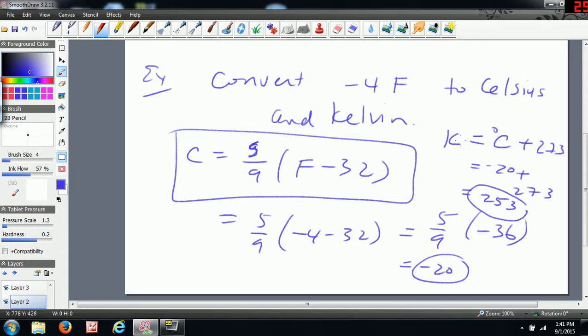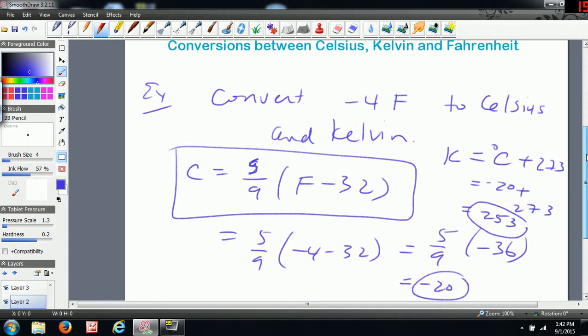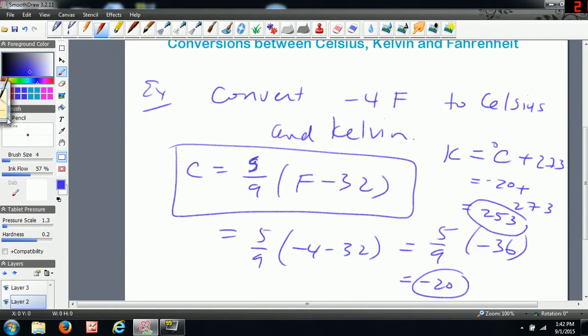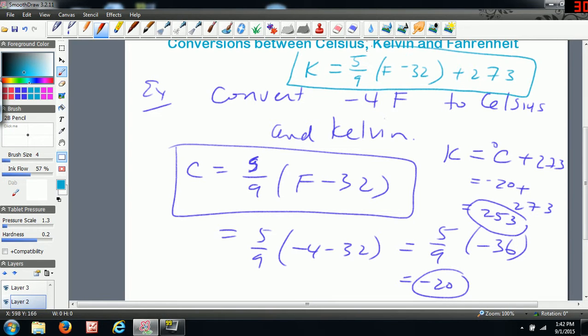To get an equation between Kelvin and Fahrenheit, what you can do is plug in the C value into here, and when you do that, you get an equation in terms of Kelvin and Fahrenheit, so one that relates Kelvins to Fahrenheits, and that's by plugging in Celsius in terms of Fahrenheit into your equation over here.